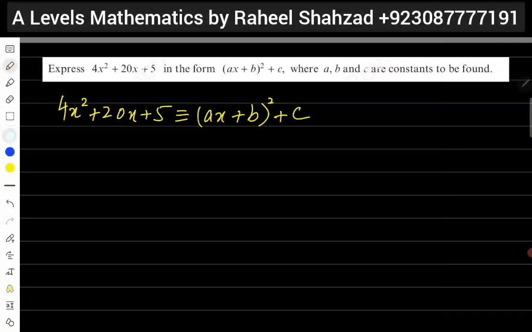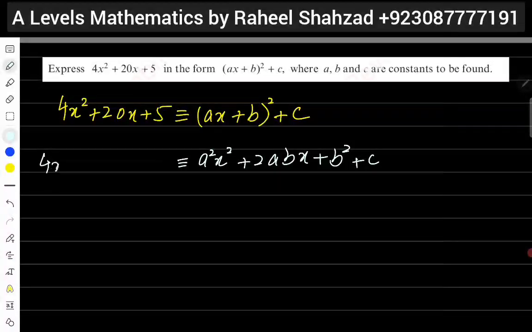So the easiest way is that on right hand side we open the bracket using a plus b whole square identity. So that is a square x square plus 2abx plus b square plus c, and on left hand side we have 4x square plus 20x plus 5.